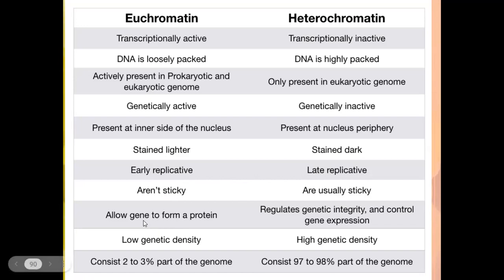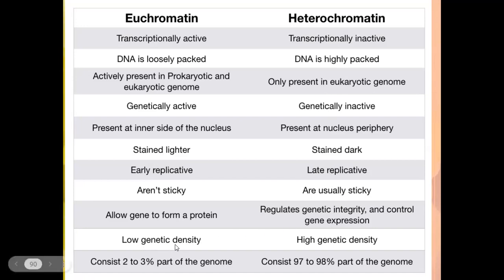And euchromatin allows genes to make proteins; proteins are made by euchromatin only. But heterochromatin regulates genetic integrity and controls gene expression. The gene expression and genetic integrity are controlled by heterochromatin in eukaryotic living organisms.